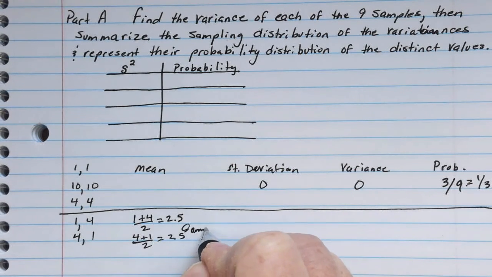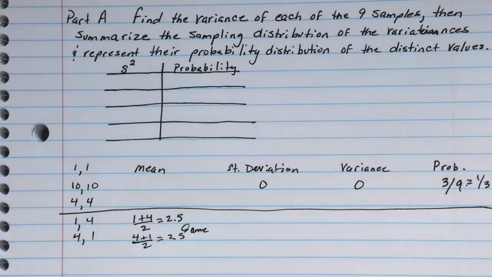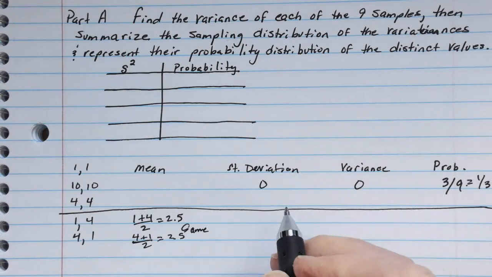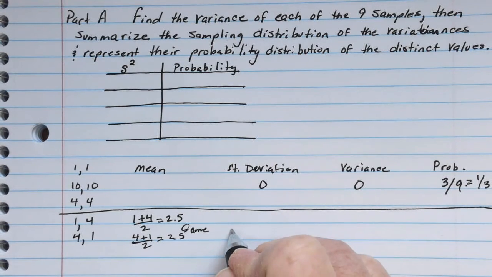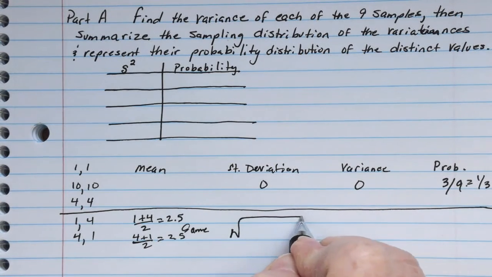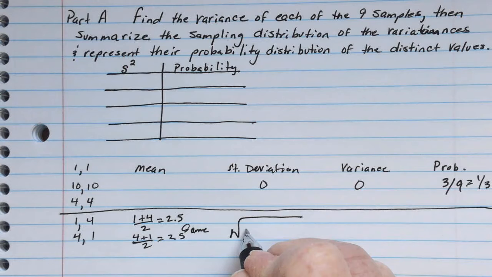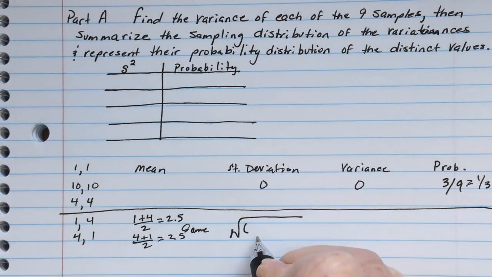And then your standard deviation, you take the square root of, and here you're summing each point minus its mean.